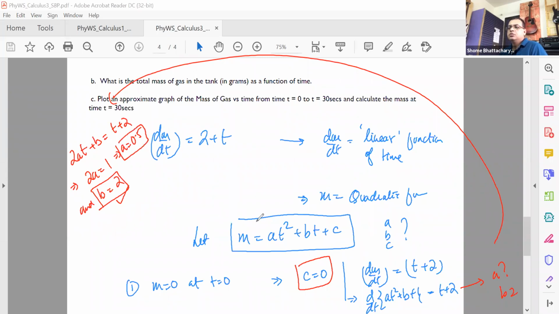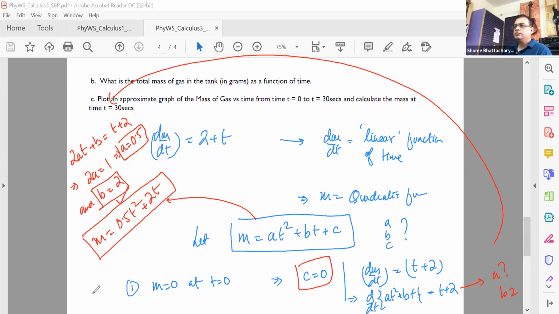Coming back to this, m, with c equal to 0, is equal to 0.5 t square plus 2t. This is how mass is changing with respect to time.